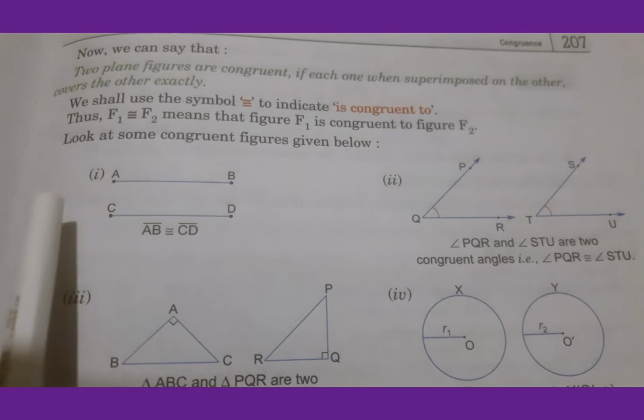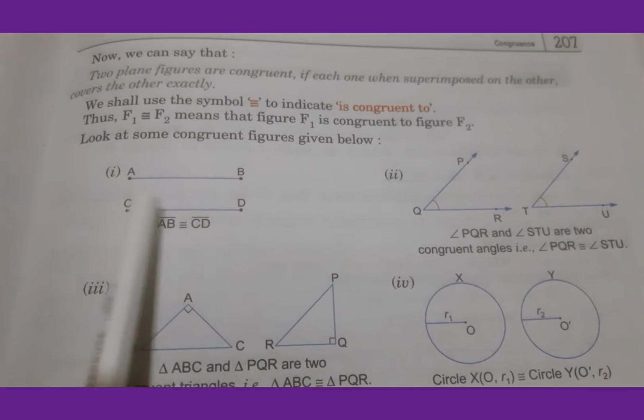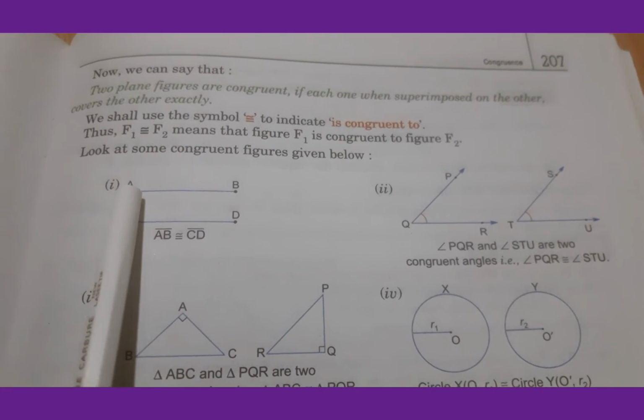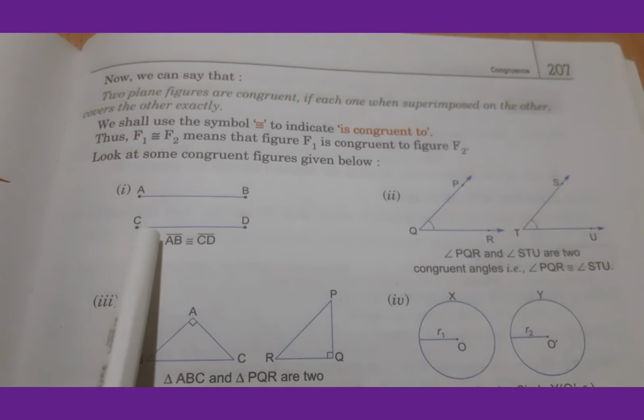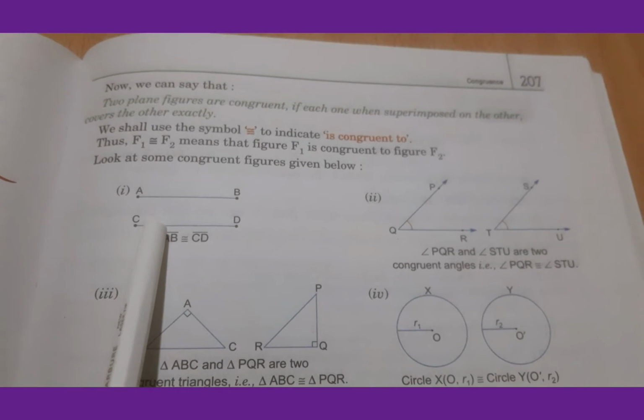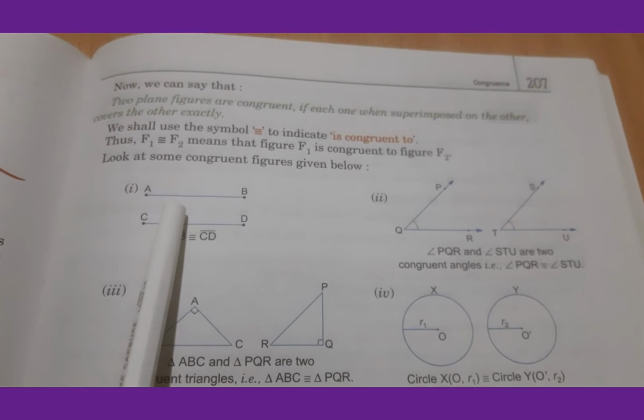That means you can see the line segments AB and CD are plane figures, and both are similar in size. That means the lengths of both line segments are equal, so we can say it is a congruent figure.